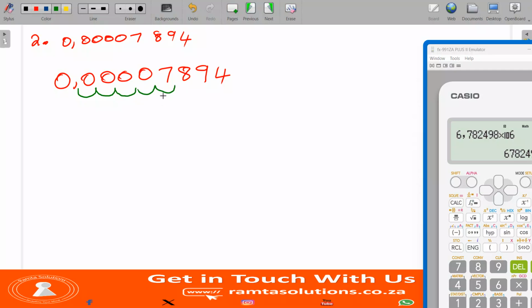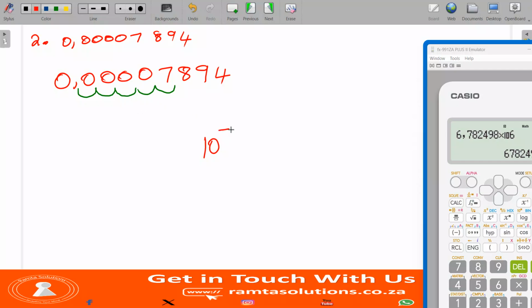Right? So 1, 2, 3, 4, 5. So this means this number must be 10 to the power. We said we moved how many decimal places? 5 decimal places. And we have moved to the right.